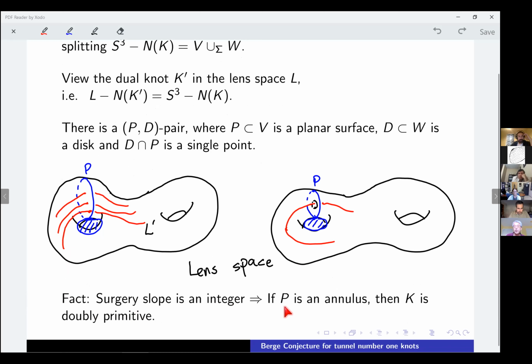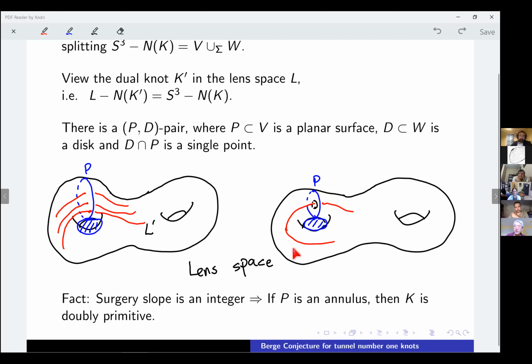It follows that if P is an annulus, then this has to be doubly primitive, because this is already a Heegaard surface. On one side, this is already primitive, and if this is the annulus, you can see this. You have this black meridional curve of this K prime, and that gives you a curve on the surface that intersects the disk on one side.